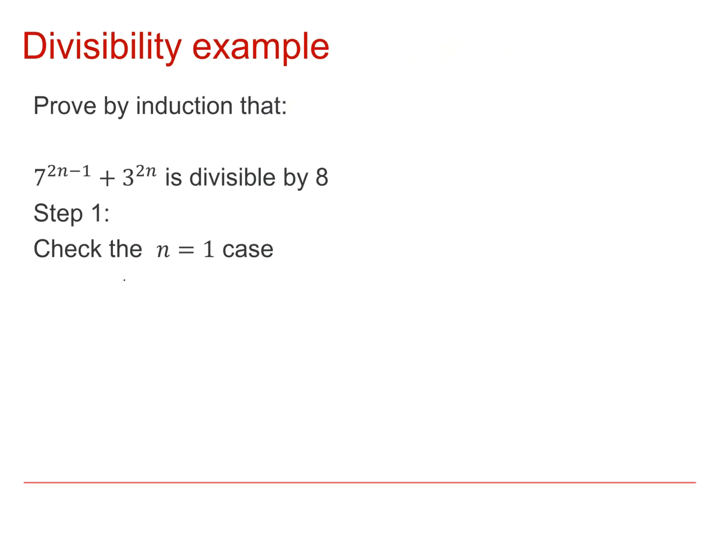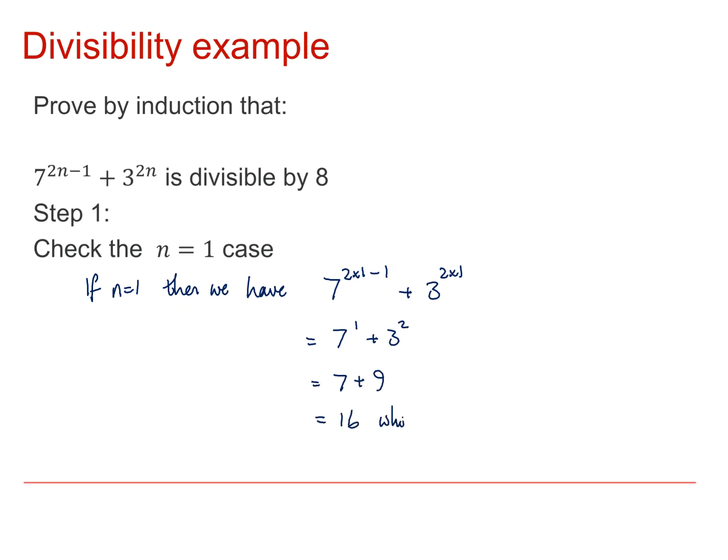OK, we'll start with step 1. If n equals 1, then we have 7 to the 2 times 1 minus 1 plus 3 to the 2 times 1, which is 7 to the 1 plus 3 squared, which is 7 plus 9, which is 16, which is divisible by 8.